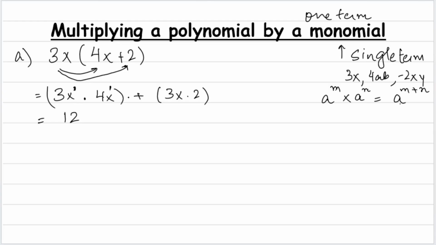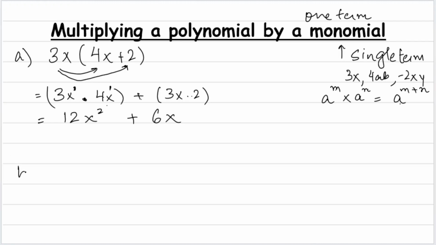So here the x and x bases are same. They are being multiplied, so the base x stays the same and 1 will get added to give you 2. So my answer is 12x square for the first part, plus 2 times 3, 6x. This is our answer.